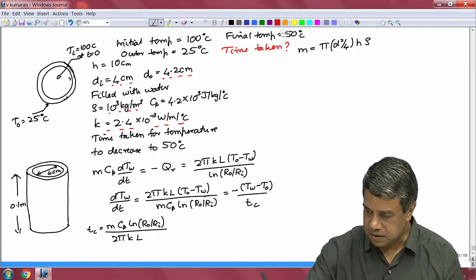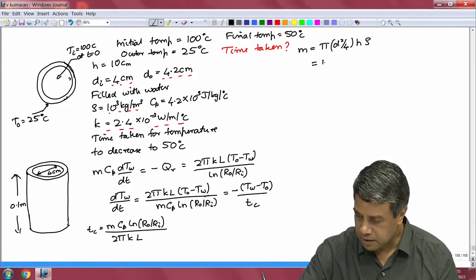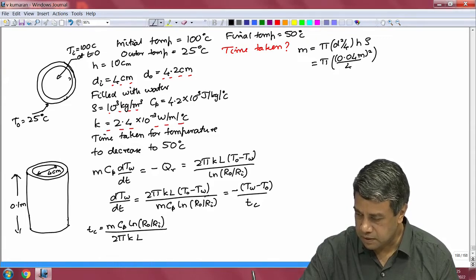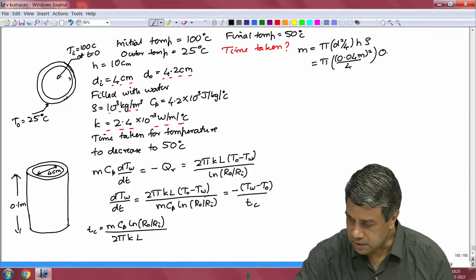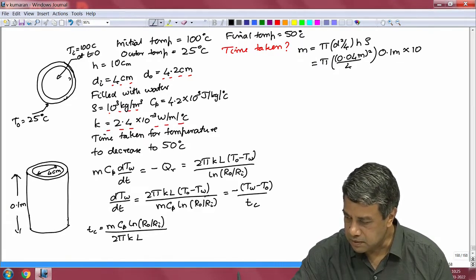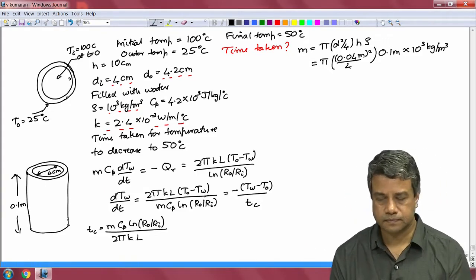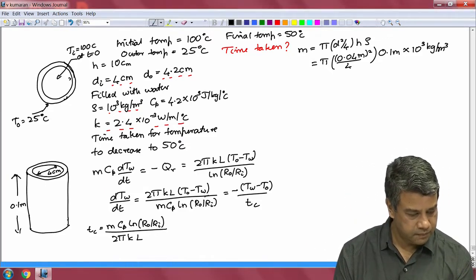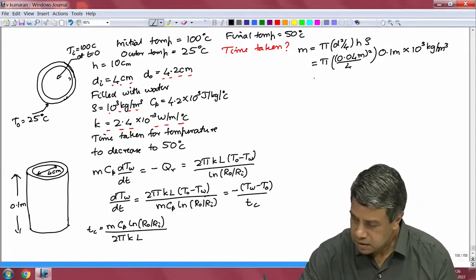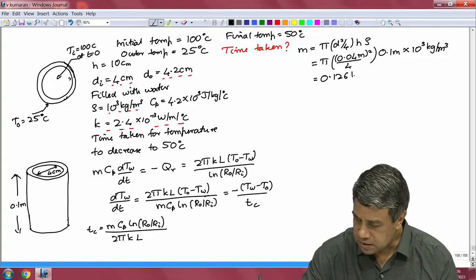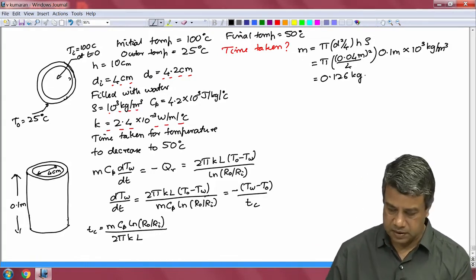So, this is equal to pi into 0.04 meter, the whole square by 4, into the height, which is 0.1 meters, into the density, which is 10 power 3 kg per meter cubed. And you can do this calculation and you will get this as 0.126 kg. That is the mass.